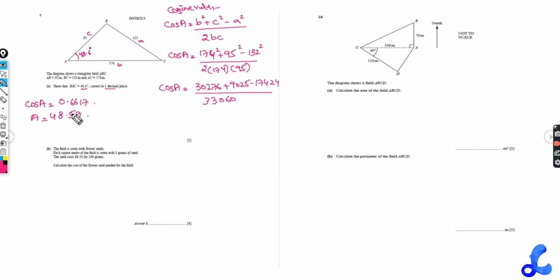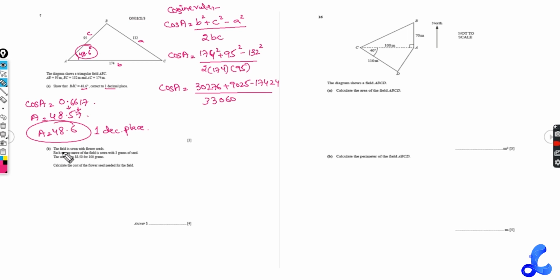Now it says correct to one decimal place, so you have to change this number, but you have to see the next number. This number is greater than 5, so this number will automatically be changed to 48.6, and now it is proven that our answer is absolutely correct to one decimal place. So hence shown or hence proved, you can write it at the end, but 48.6 is your answer to be exact over here.